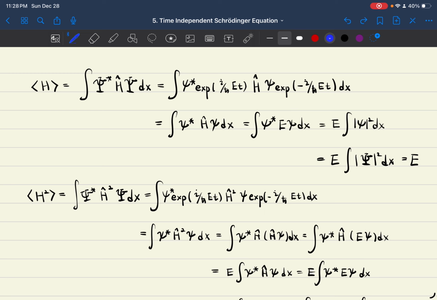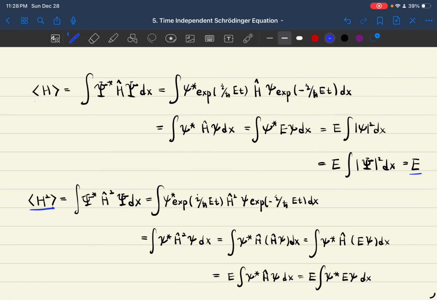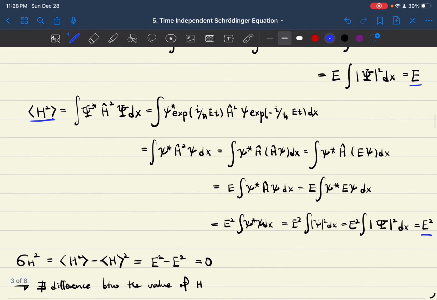And the expectation value of H squared is equal to E squared, which is very intuitive, because the expectation value of the total energy is the energy E, which is a constant, right?